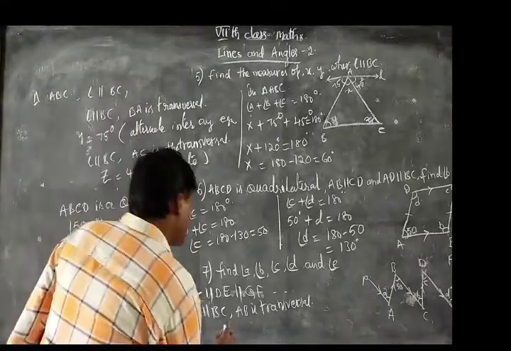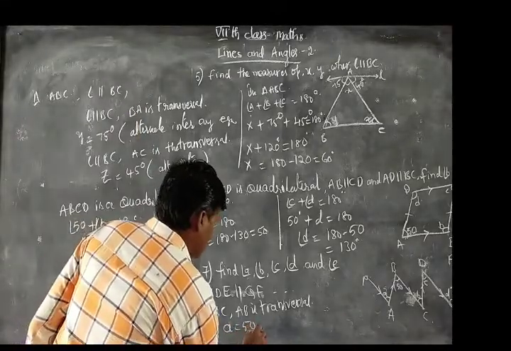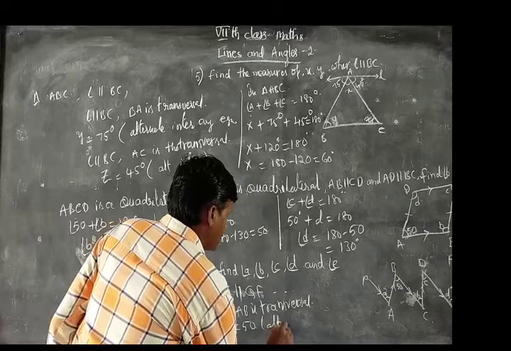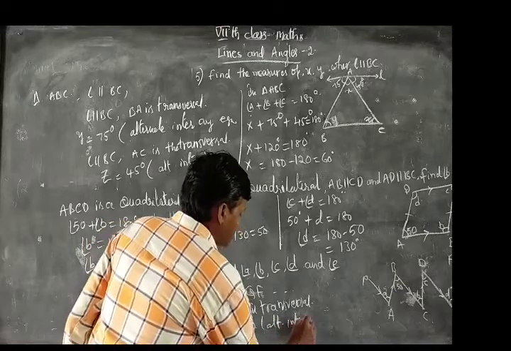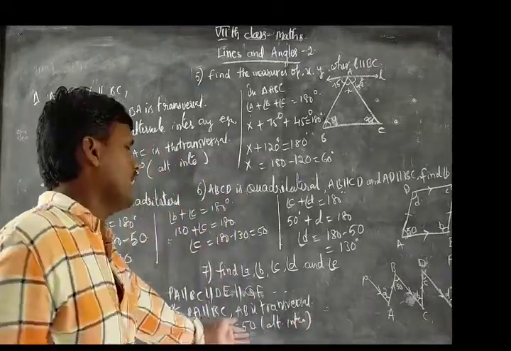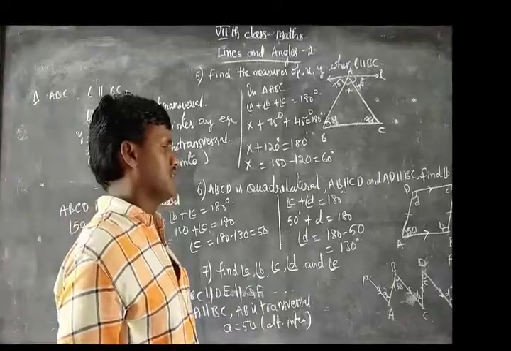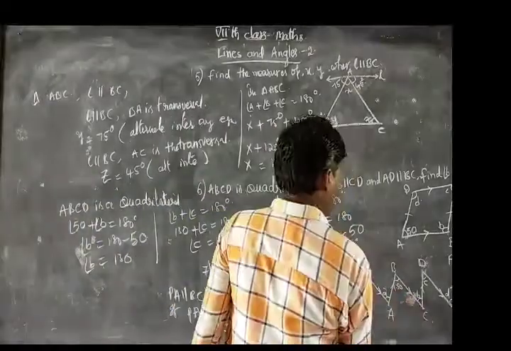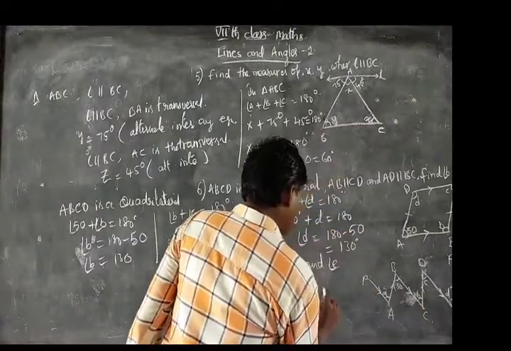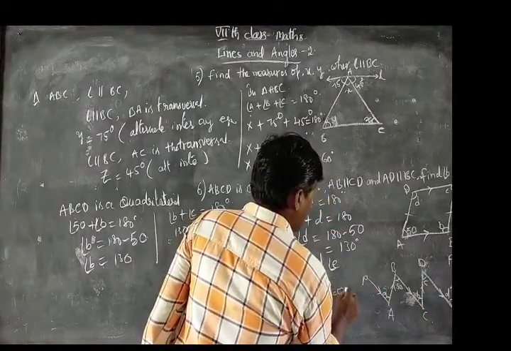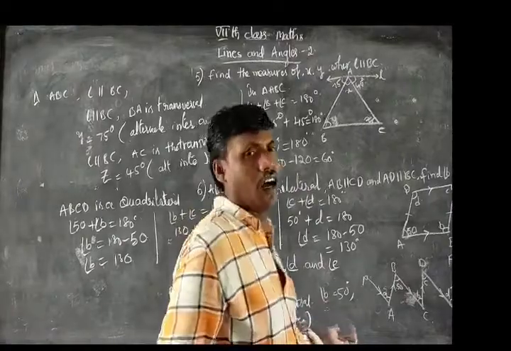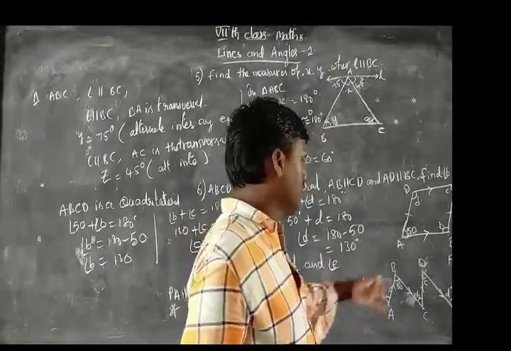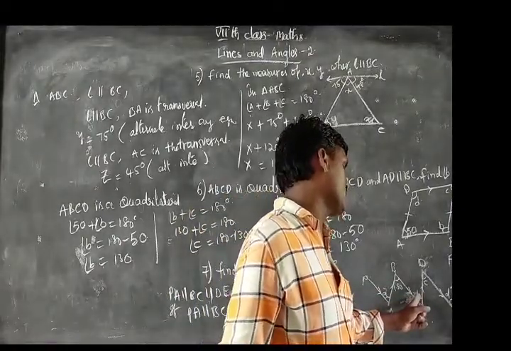Then angle A is equal to 50, alternate interior angles. As well as we can take that angle B is equal to 50. Simply we can say alternate interior angles, and angle B means 50.